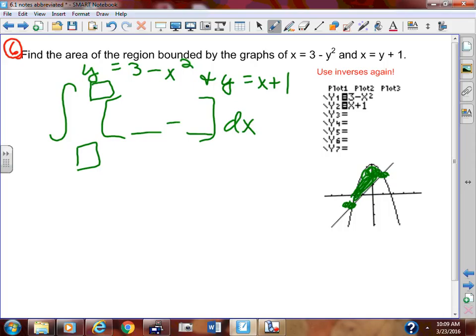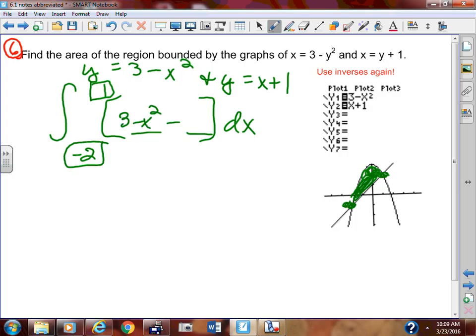What's the one over here on the left? -2. All right, and what is the one over here on the right? 1. All right, upper function on this one would be 3 minus x squared.